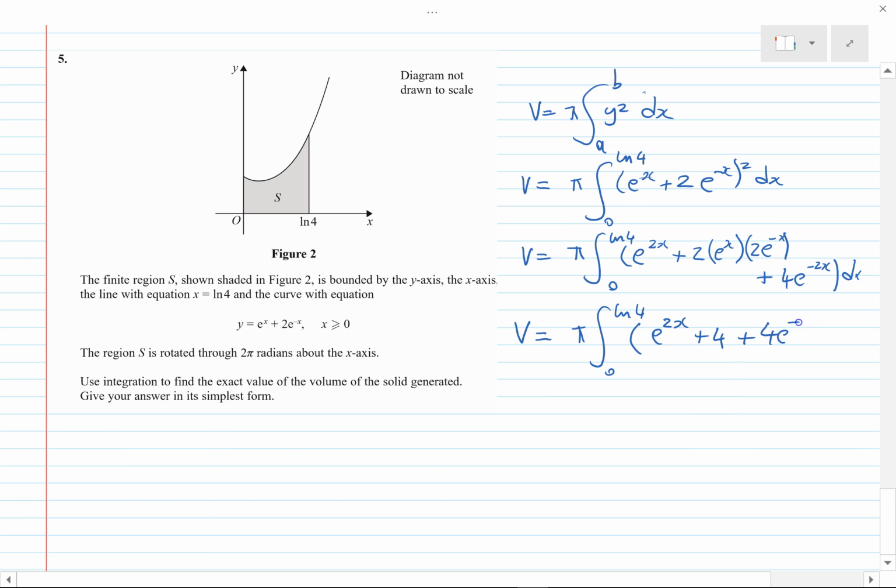Okay, so now we can integrate it. So pretty straightforward stuff really. We know how to integrate e to the 2x. We just divide by that constant. And so here we go. V is equal to pi, square bracket down, that's a half e to the 2x.